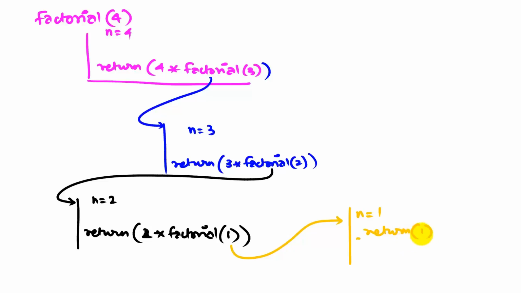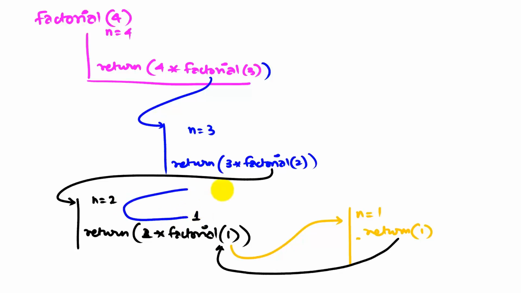This return is going to basically bring me back to this line, which means that I have a value of 1 now, which is going to bring me back from here to here, where the product 2 times 1 is computed, and I get a value of 2, and that's the return value.